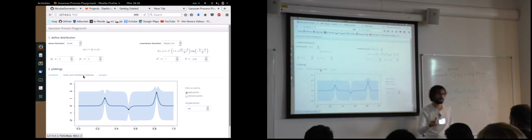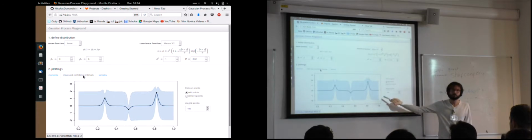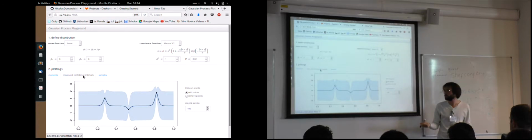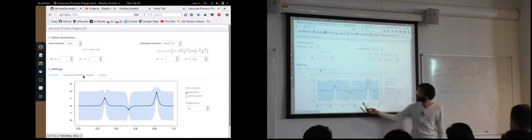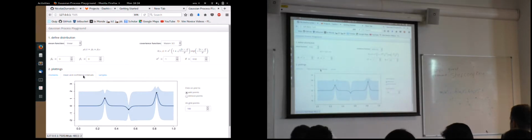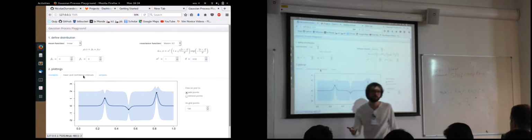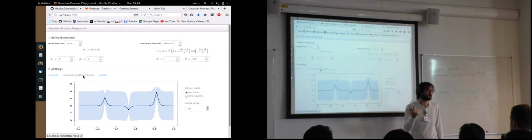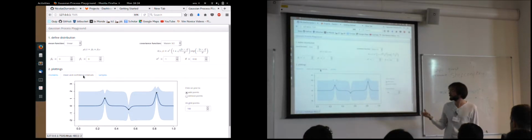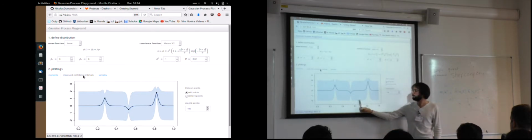So when you fit a model, here it's easy because we are in one dimension. But if you have more than one-dimensional variables, it's always very important to look at the values you get after the optimization of your hyperparameters, because they will basically tell you what assumptions you're making about your model. And quite often, as Rich was discussing, you end up with bad values in the optimization, and your model may look something like that, which is very uninformative.